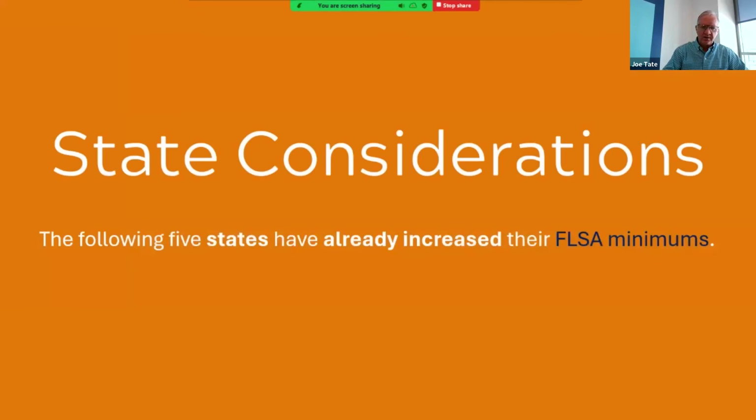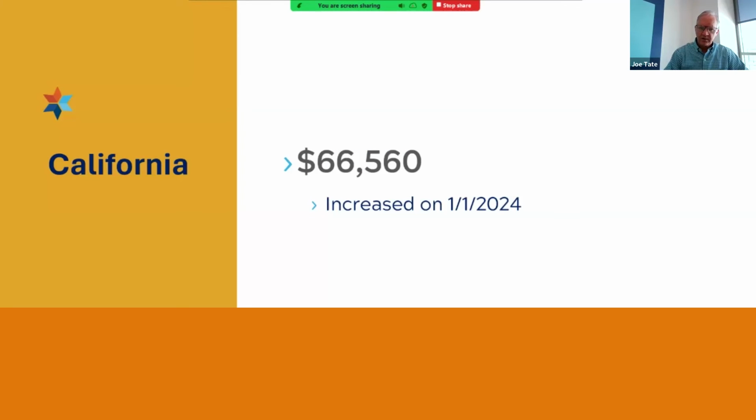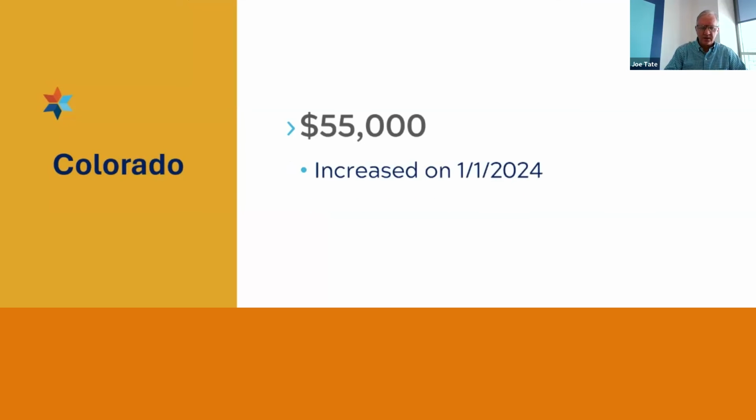Starting off with California, they are up now, and most of these happened on January 1st of this year, $66,560. So for your employees in California, you needed to be thinking about this long ago, because the state increases, you can't have anybody whose salary or exempt level is under this $66,560.